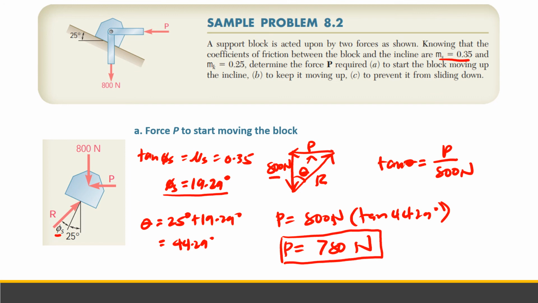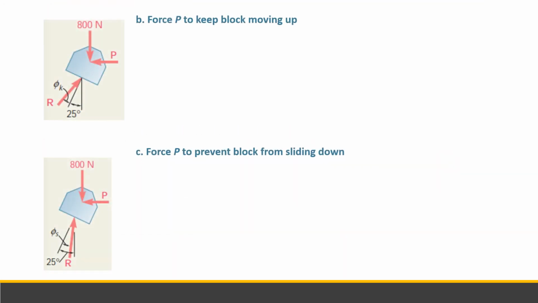Okay, so the next part is to find the force P to keep the block moving up. Meaning the block is already in motion. So the angle of the resultant with respect to the normal is now phi k.